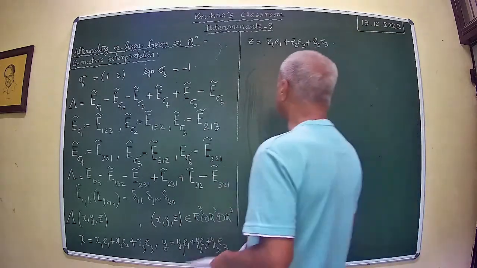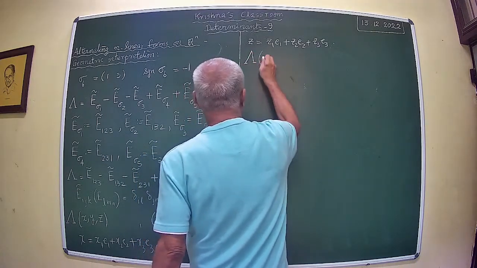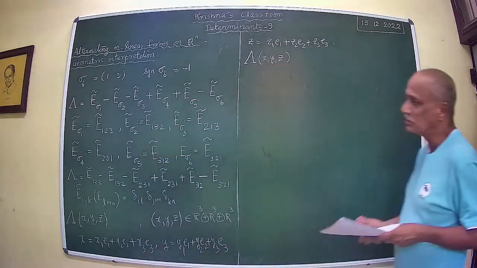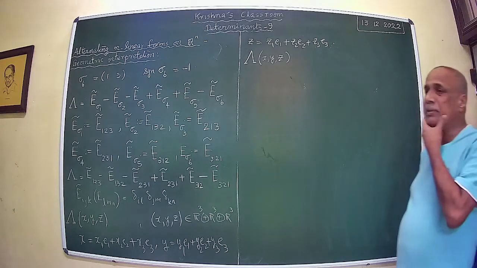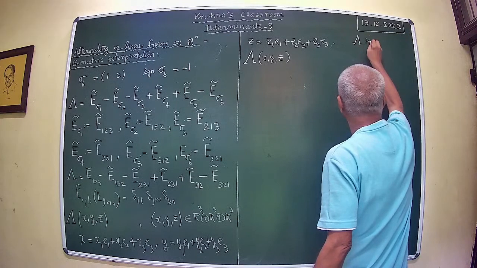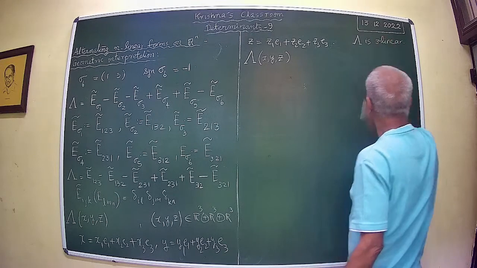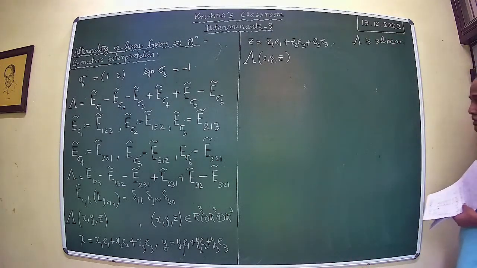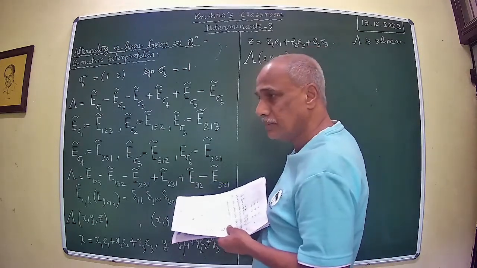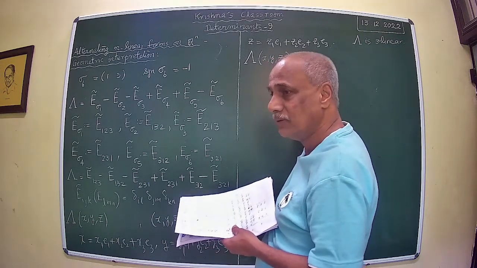Now compute lambda. I am not going to do the detailed calculation. What I have to use is that lambda is 3-linear. That means lambda is linear in each one of these arguments when the other two are held fixed.